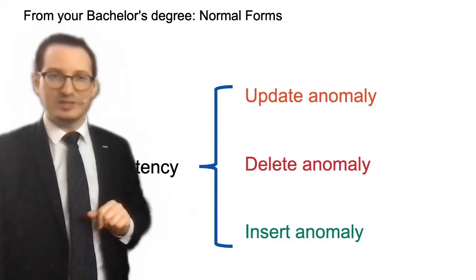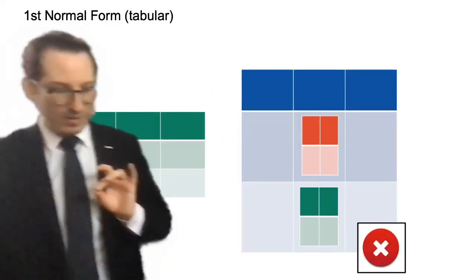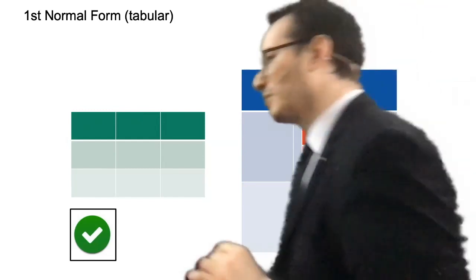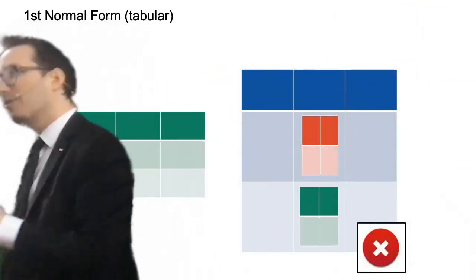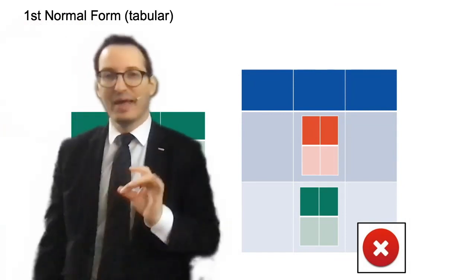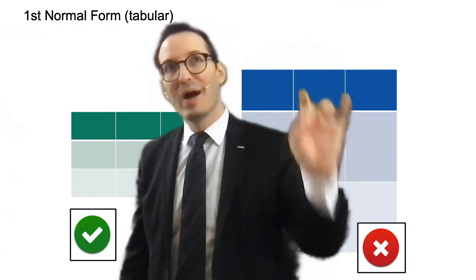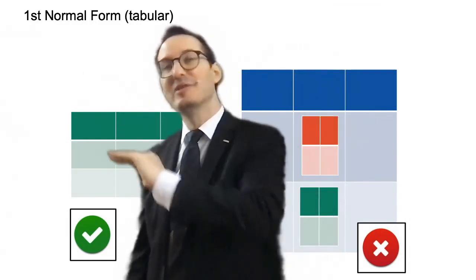So these are the anomalies that can occur, but there is a very intuitive way of understanding how to avoid these things. And I don't want to go into the details. You will very soon understand why I'm not going into the details. But basically, what it means to design a relational table well, or a relational database well, is that the golden rule is one table for everything that means something.